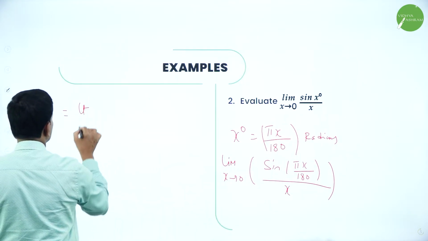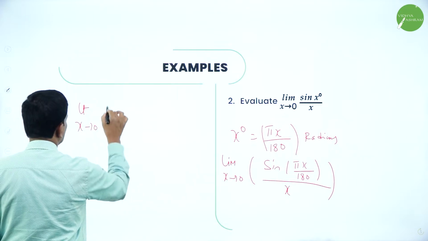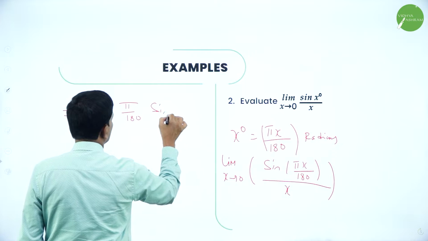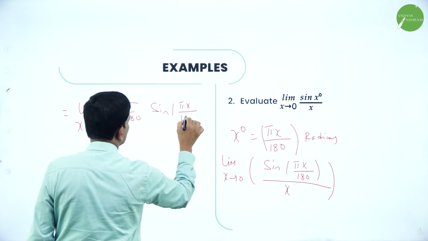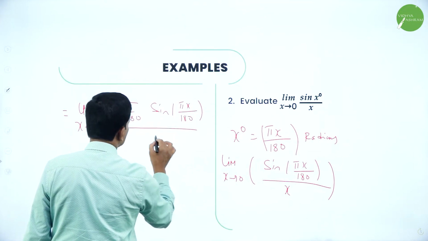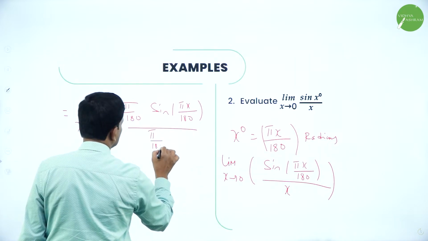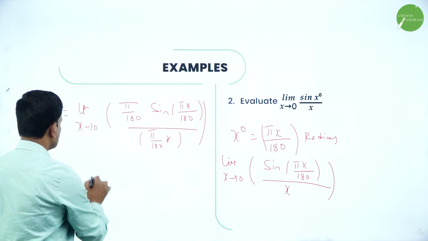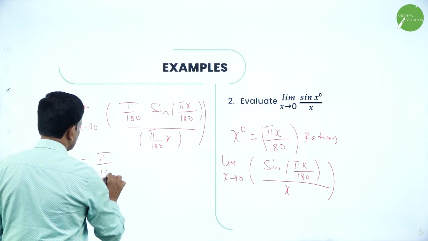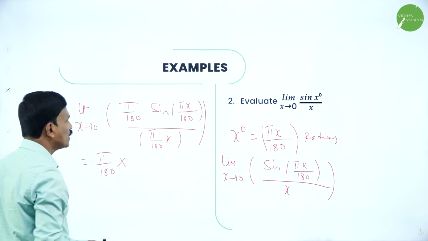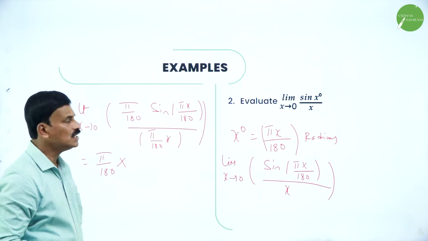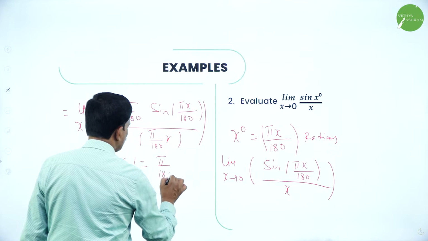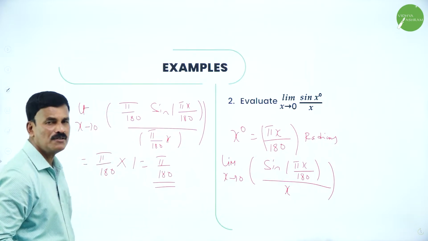So this is limit x tends to 0 of pi by 180 into sin of pi x divided by 180, whole divided by pi by 180 into x. If you observe carefully, this is pi by 180 into something of the form sin theta by theta. Sin theta by theta is equal to 1. So this is equal to pi by 180 into 1, which is pi by 180.